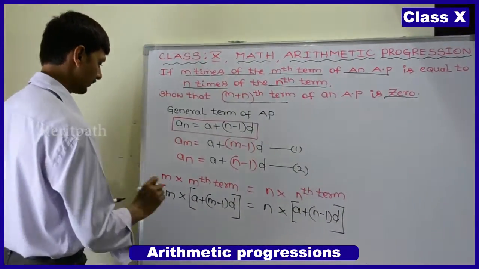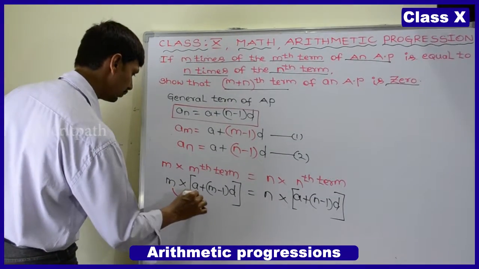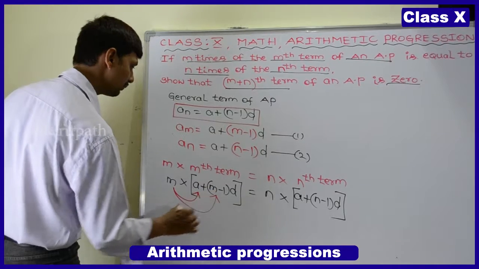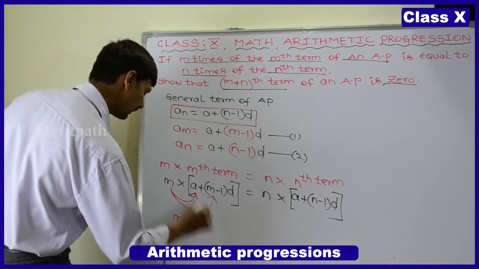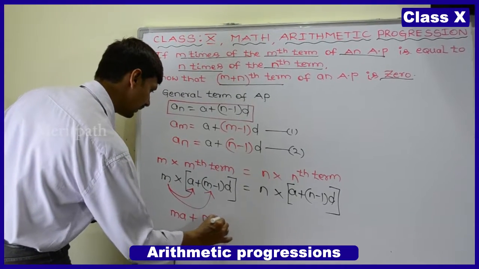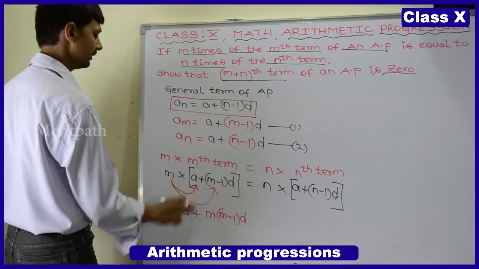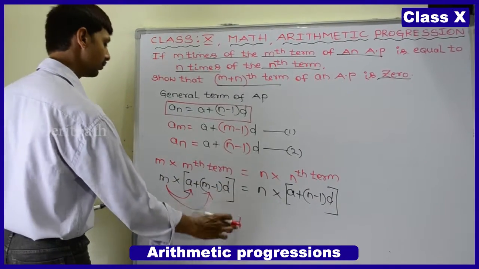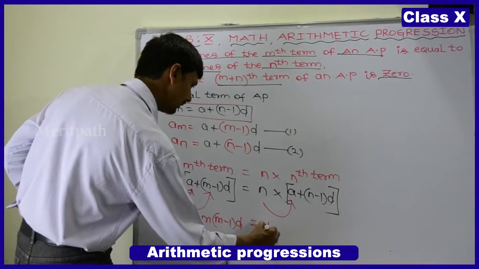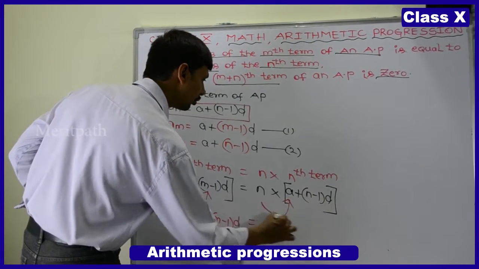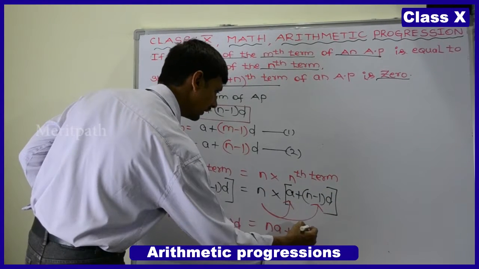Let us multiply with m inside: m into a is ma, plus m into (m-1) into d. On the right side, n is multiplied with a, that is na, and n is also multiplied with the second term, that is n into (n-1) into d.